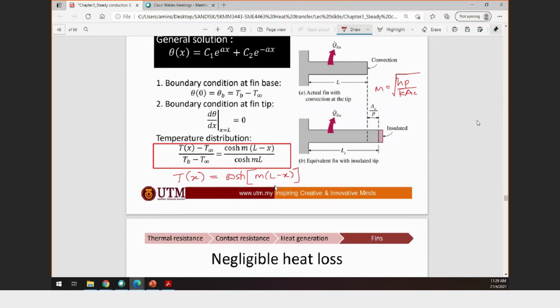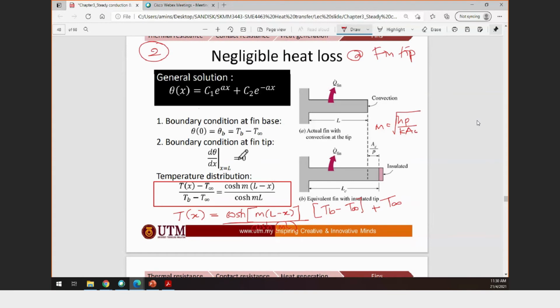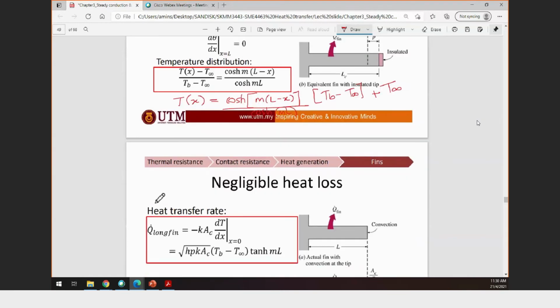Again this is a hyperbolic cosine function, divided by the hyperbolic cosine function of mL, multiplied by the difference in temperature between the base temperature and the surrounding temperature, plus the surrounding temperature.